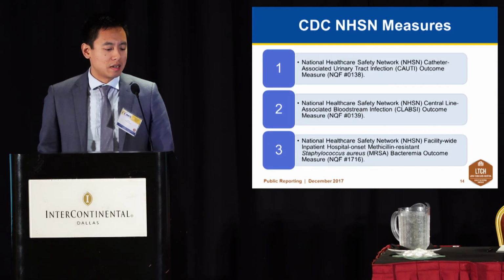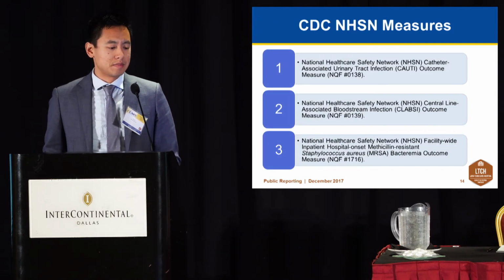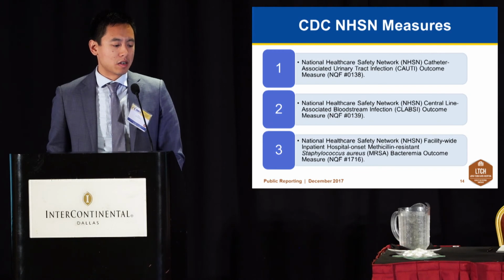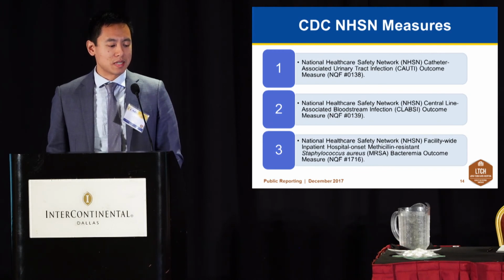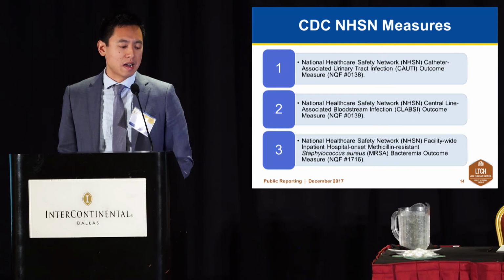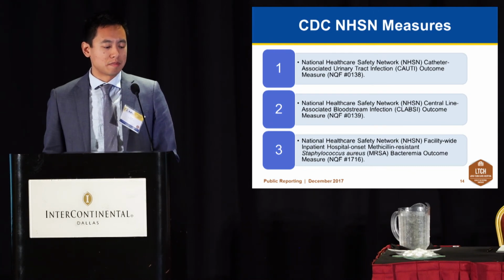The next set of measures are the CDC NHSN measures. The first is the CAUTI outcome measure, the second is the CLABSI outcome measure, and the third is the facility-wide inpatient hospital onset MRSA outcome measure.